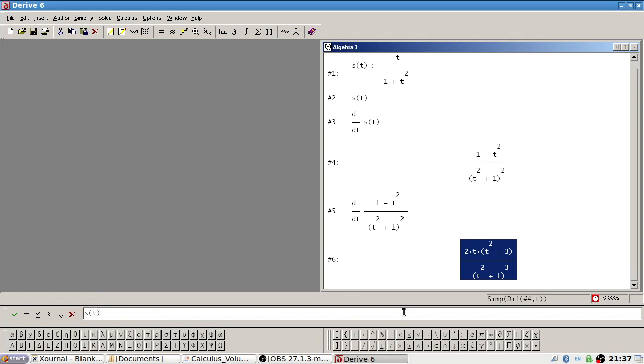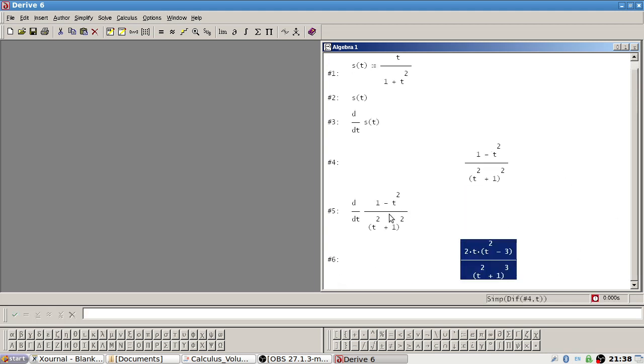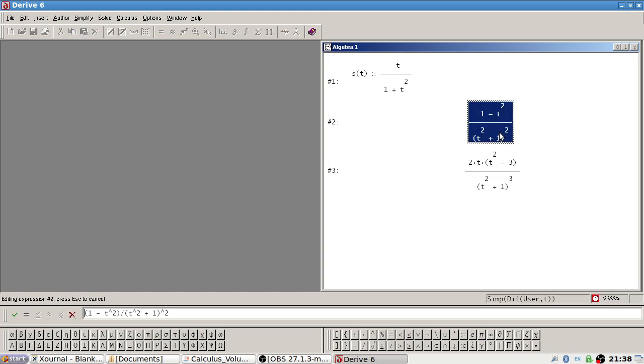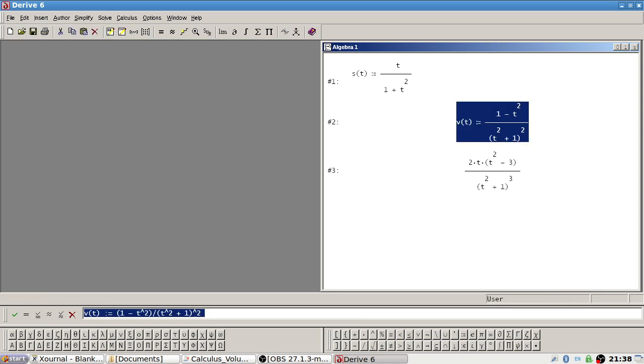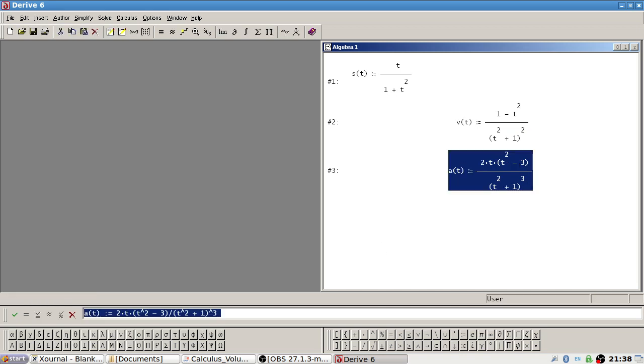So speeding up is when that is greater than 0. And actually, you know what? Let's make our life a little bit easier. So we'll define this as the velocity. We'll define this as the acceleration. And then we want to solve the system.